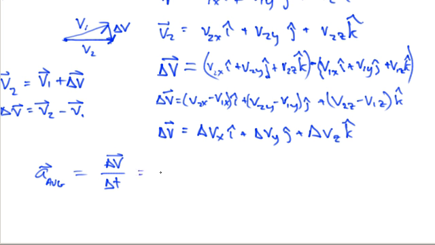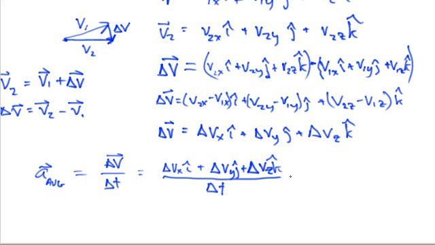So that'll just be delta vx. I'll just copy the whole thing down. That's times j, that times k, all divided by delta t.